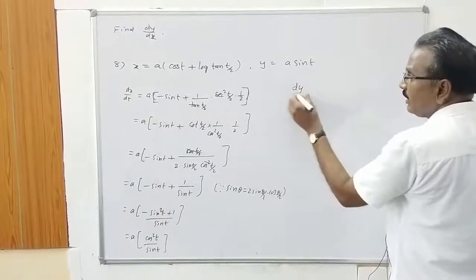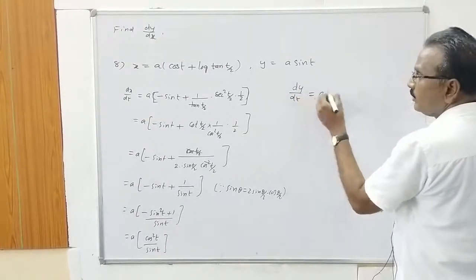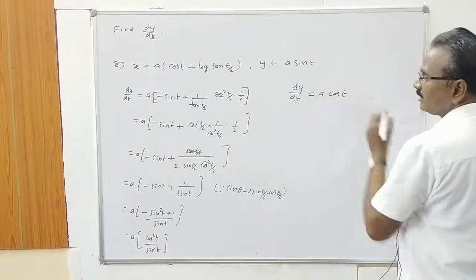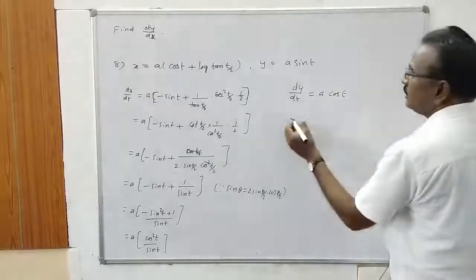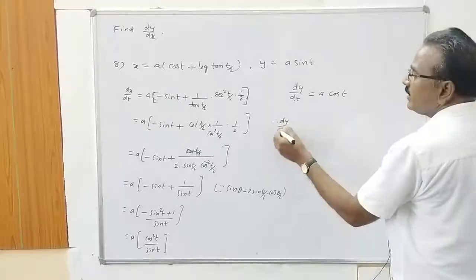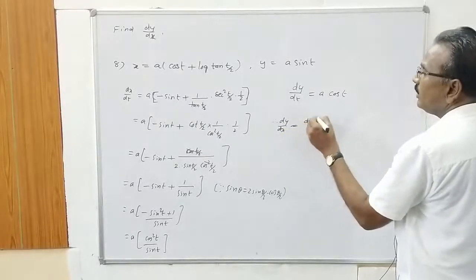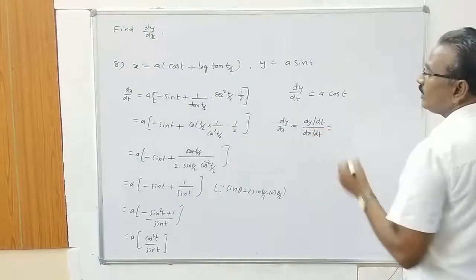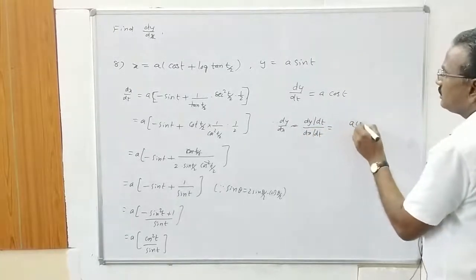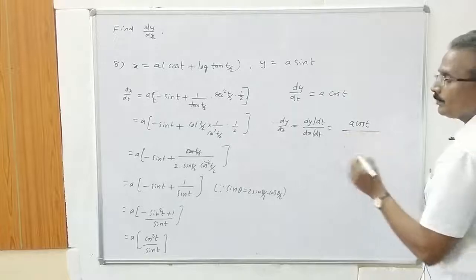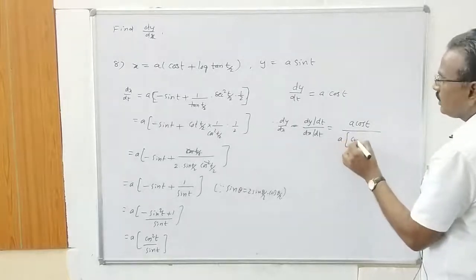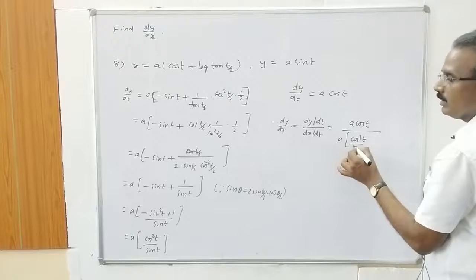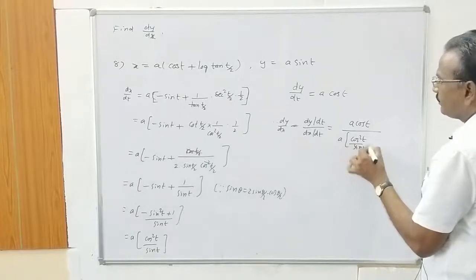Now what is the dy by dt value? A into the derivative of sin t, which is cos t. So dy by dt is equal to a cos t. Therefore dy by dx is equal to dy by dt divided by dx by dt. Here dy by dt is a cos t, divided by a into cos square t by sin t.